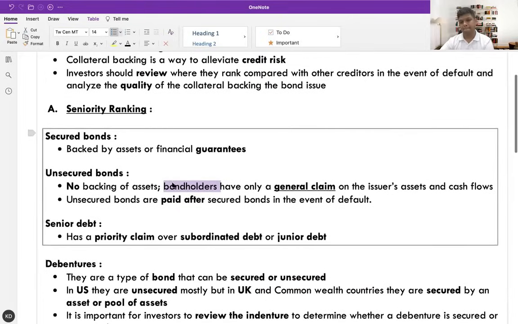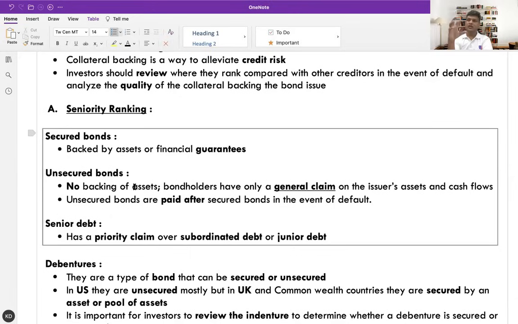In the unsecured bond, a general claim means a claim on the entire company. So let's say the company has 10 assets worth $100 million. Now out of those 10 assets, let's say 5 are secured. From these 5 assets, first the bondholders who are secured with these 5 assets will be paid.